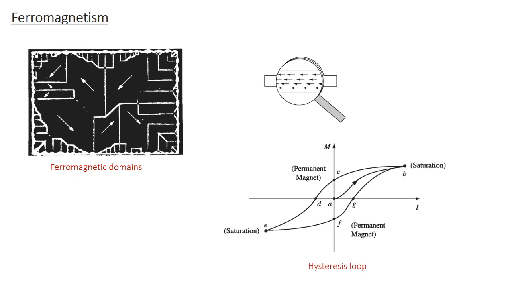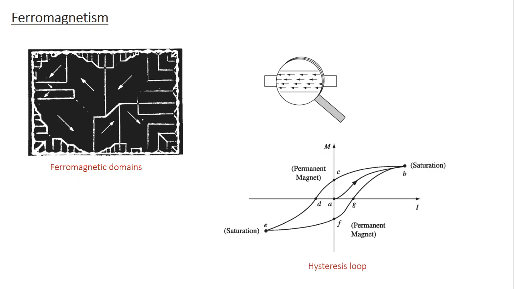If you look at the material in totality, since all the domains are arranged randomly, there is zero magnetization. But when you apply an external magnetic field, what happens? There are already a few domains which are in the direction of the external magnetic field. They induce a similar ordering in their neighbors, so the neighboring domains also get aligned in the direction of the external field. Now they in turn induce ordering in their neighbors.